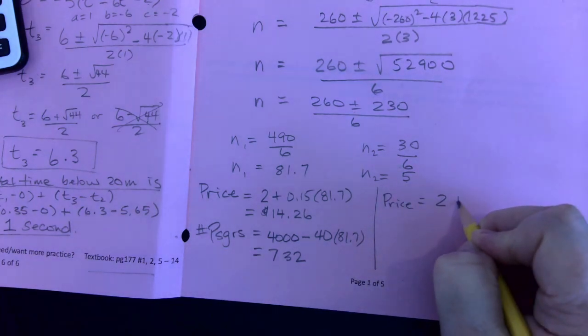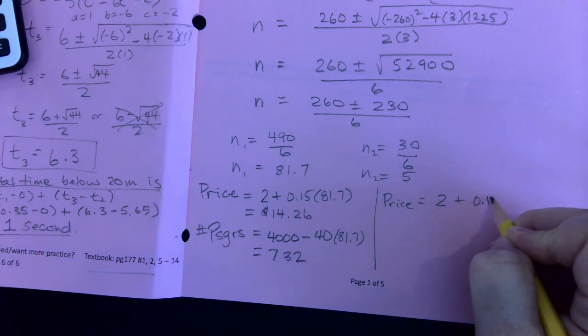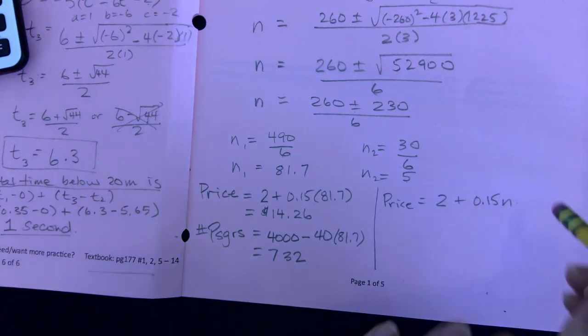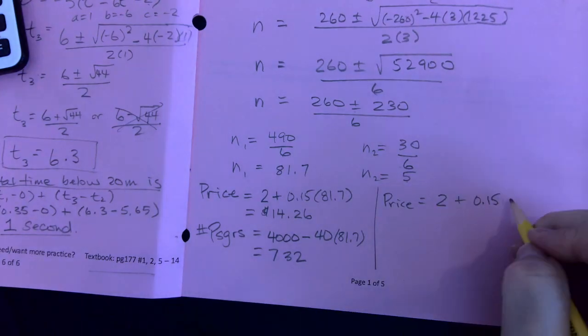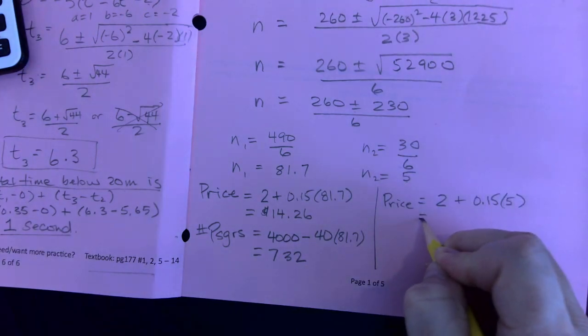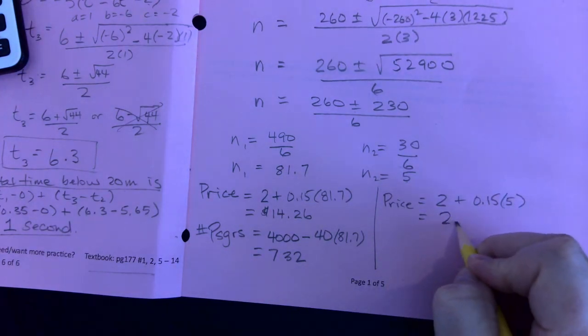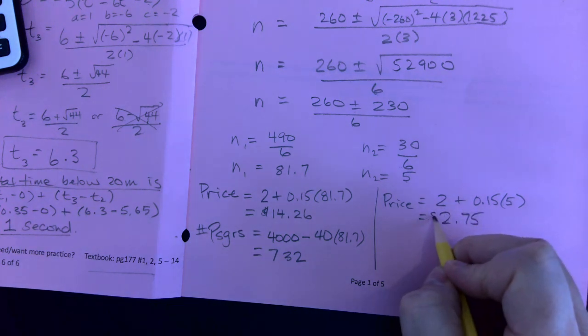Our price function is 2 plus 0.15N, but this N is 5. Punch that into your calculator and you'll get a bus fare of $2.75.